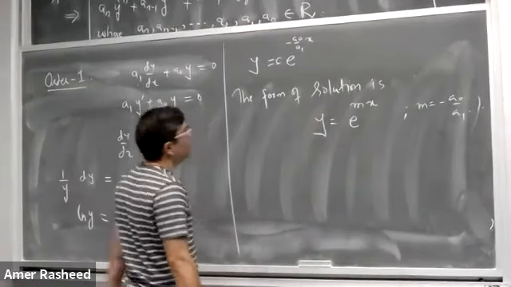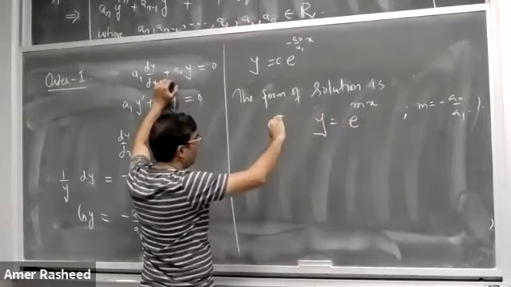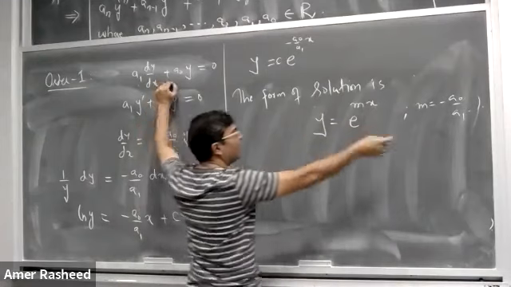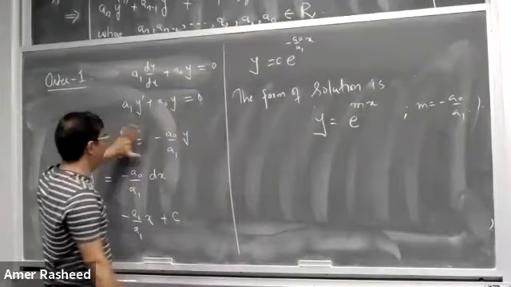We are going to generalize this concept. If you put this solution in this equation, you would see that you can find the value of m this way, even if you forget about this method.